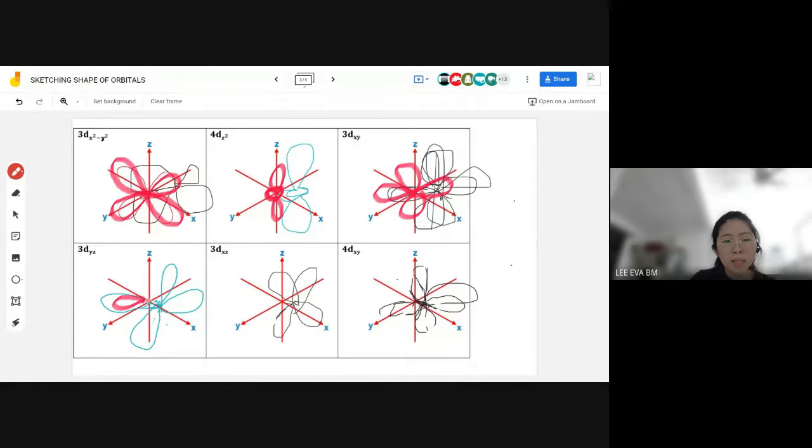So in between Y and also Z. So yz is between two of these axes. Okay, so you can draw it accordingly. I think the line doesn't synchronize. Okay, and also for 3dxz, in between X and Z axis, line pun lari sikit. Yang last kali ni apa? XY juga, tapi dia beza daripada size. It's something looking like the shape over here, but the size is slightly bigger.